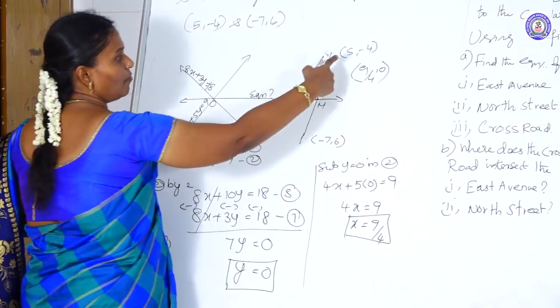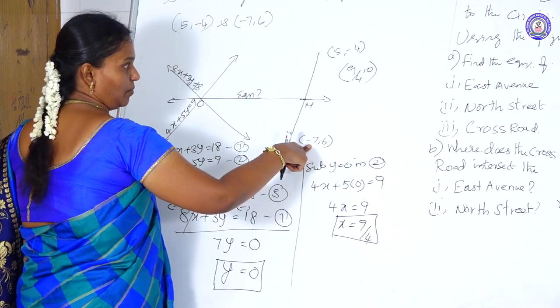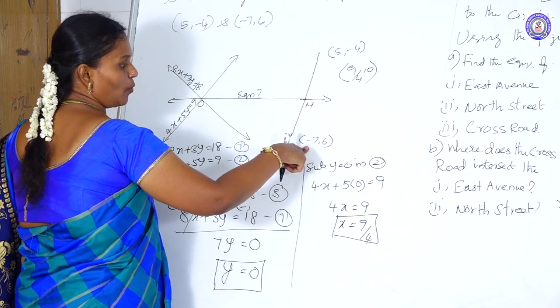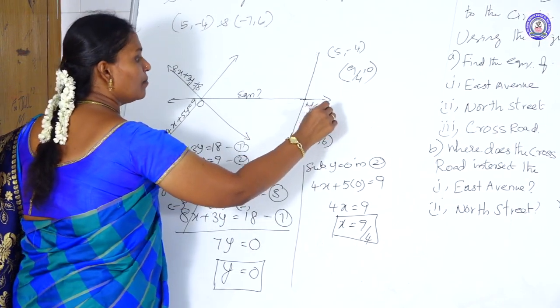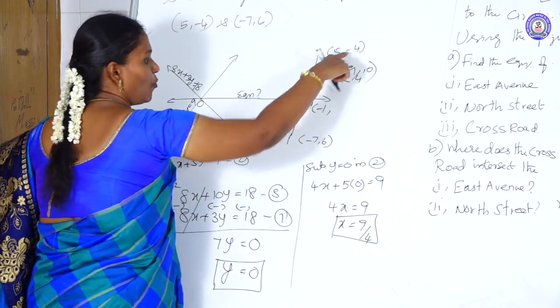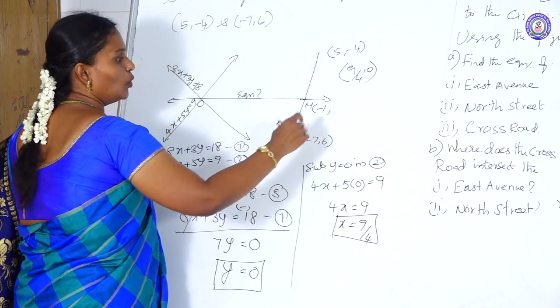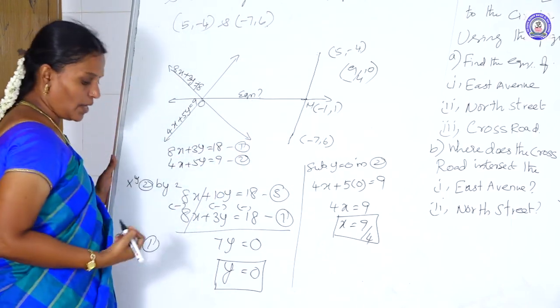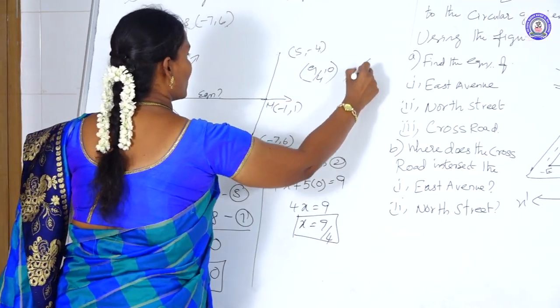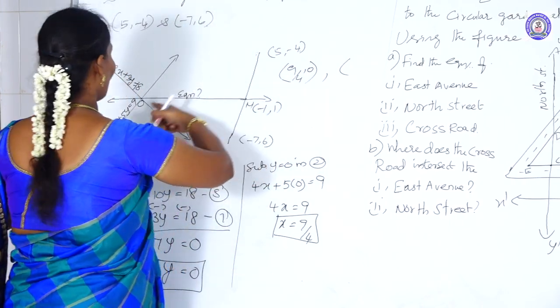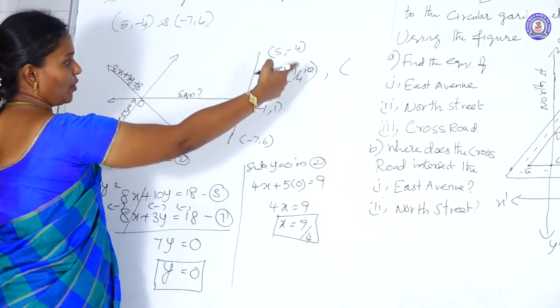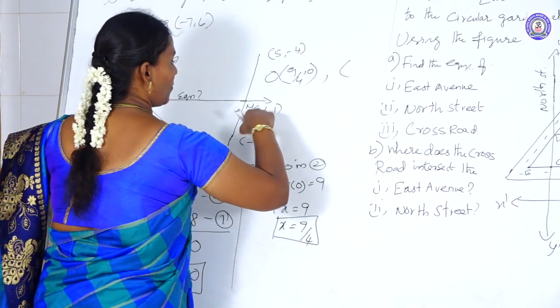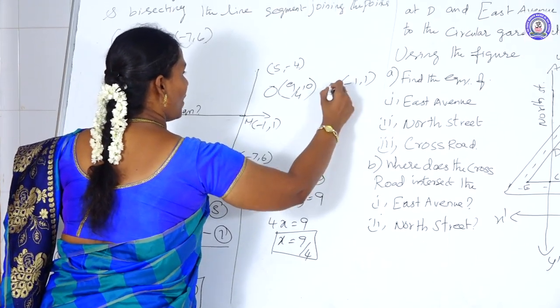See here, 5 minus 7 is minus 2, minus 2 by 2 is minus 1. Now minus 4 plus 6 is 2, 2 by 2 is 1, so the midpoint is (minus 1, 1). Now you know the 2 points: the point of intersection is (9 by 4, 0) and the midpoint is (minus 1, 1).